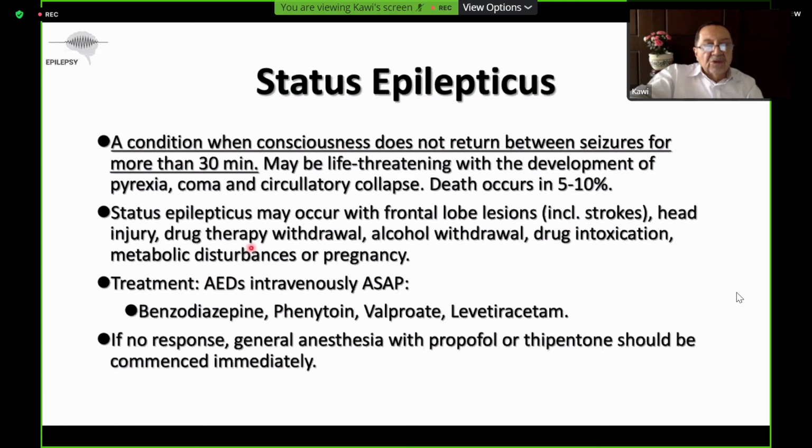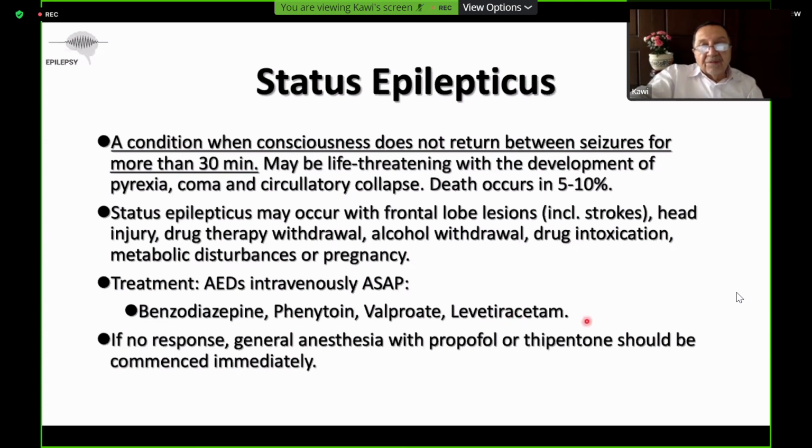And what we use: benzodiazepines such as Valium or Ativan. We use phenytoin because it has an intravenous form. We use valproate because it has an intravenous form. We use levetiracetam because it has an intravenous form.